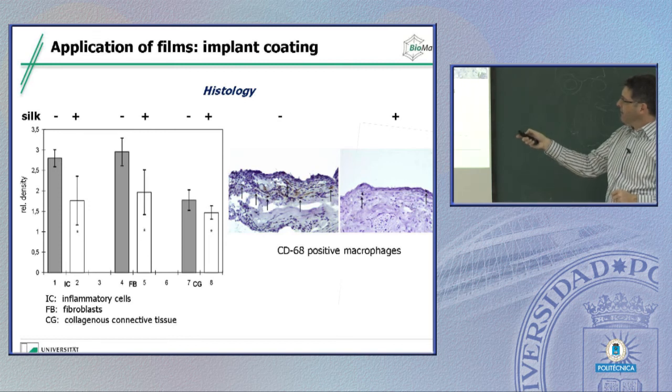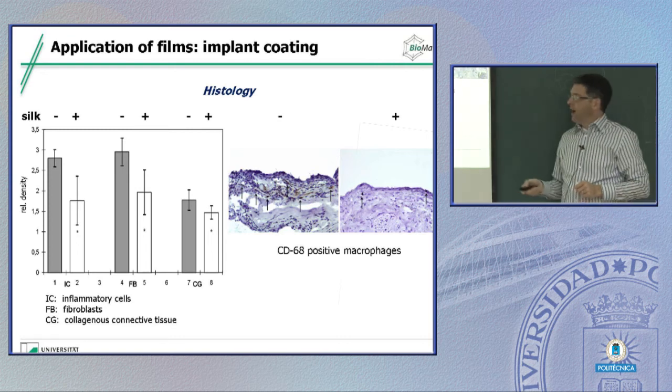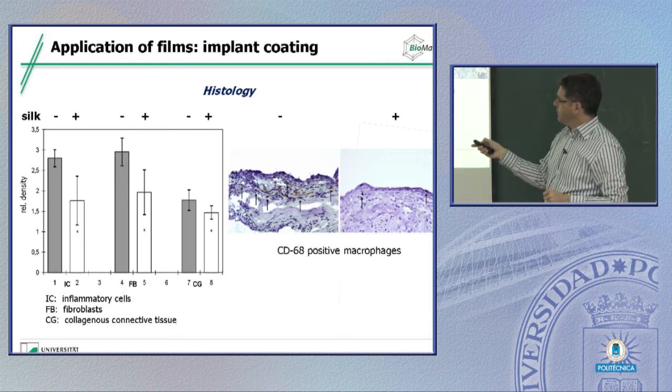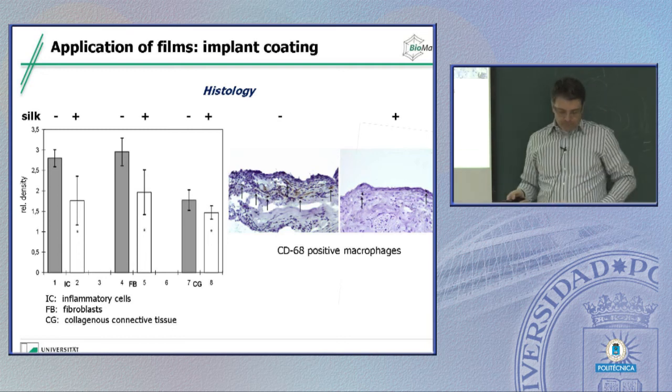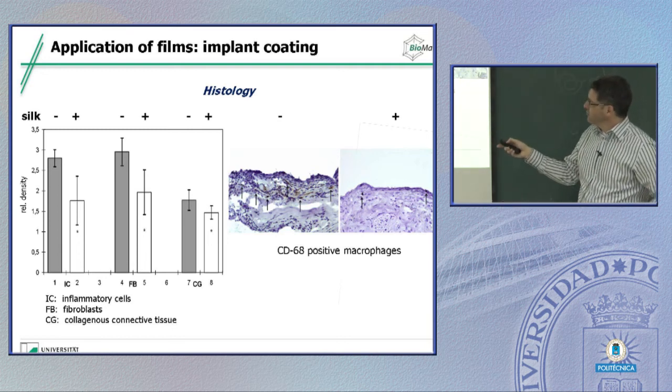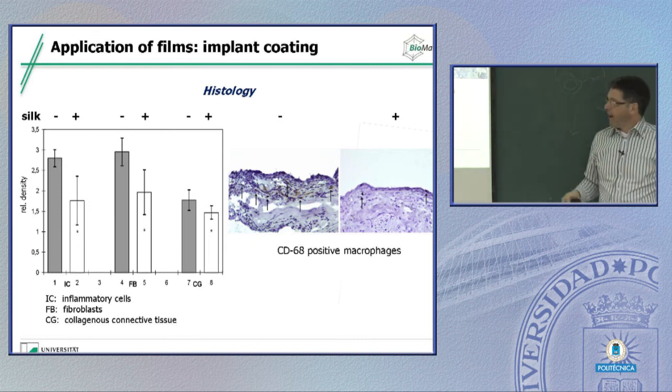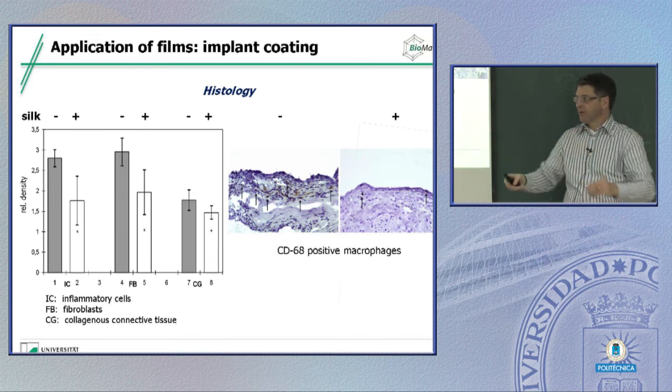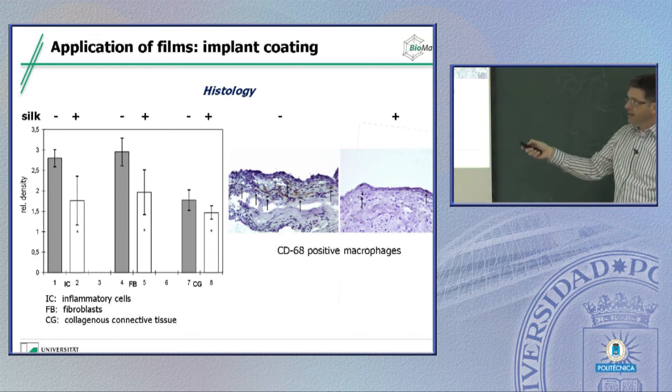This is the interface between the normal tissue and the implant. And as you can see, there's a huge accumulation of macrophages at that interface, and it's even so severe that we have a lift off of the tissue. So the tissue is no longer intact, so you have sort of a failure in the tissue.